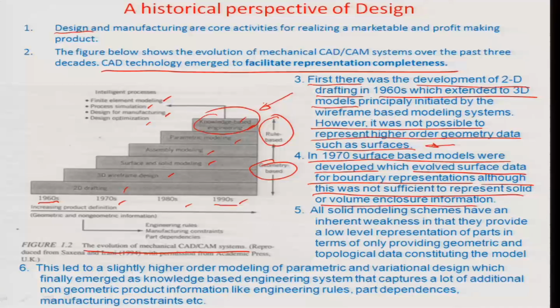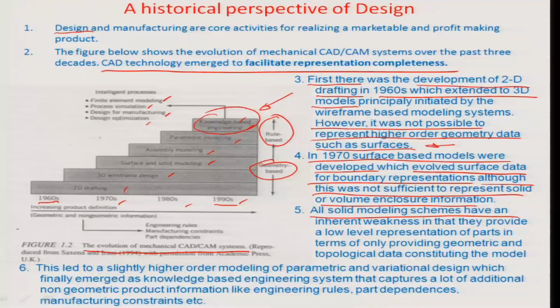As I told you, up till the 70s the surface based models were still not very sufficient, and the question of how to map or interconnect two objects together did not exist, so there was an emergence of the assembly modeling approach. All the solid modeling schemes do have an inherent weakness in that they provide a low level representation of parts in terms of only the geometric and topological data constituting the model.